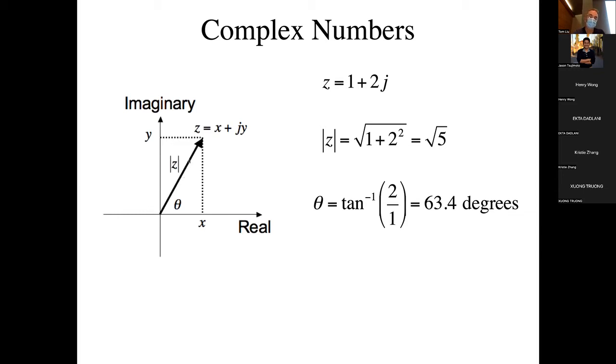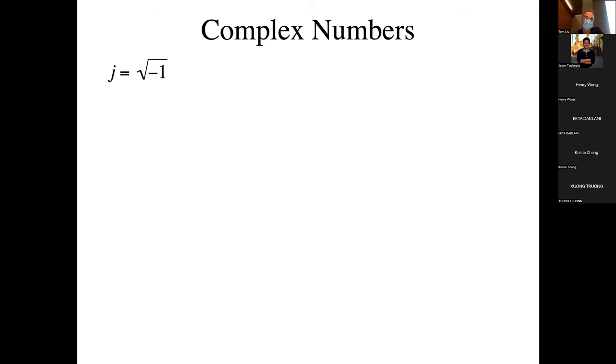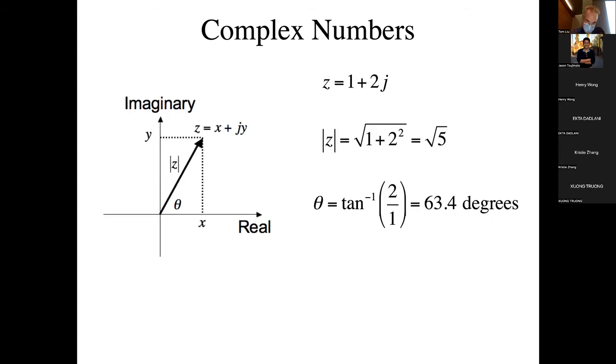So the magnitude of the complex number is just the length of the vector in the complex plane, just through Euclidean math. And the phase angle is defined as the arctan of the y component over x, or the imaginary component over the real component. And we'll see that this is tremendously useful, and that'll become evident in a minute.